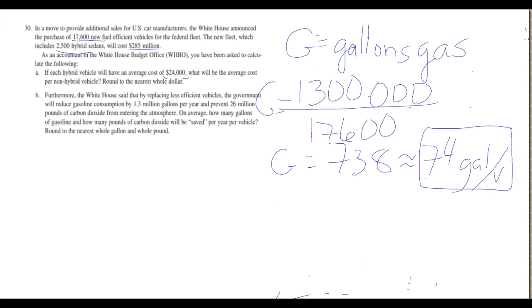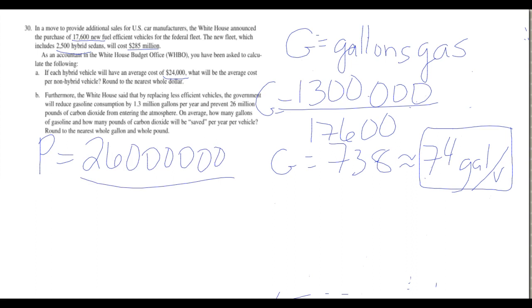The other piece of this is the carbon dioxide. So we're going to do basically the exact same thing for carbon dioxide. So we're doing pounds of carbon dioxide, and it's 26 million. So 26, 1, 2, 3, 4, 5, 6 divided by the number of cars again, 17,600.